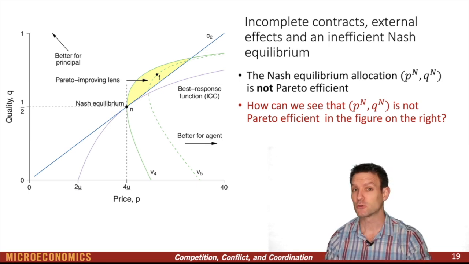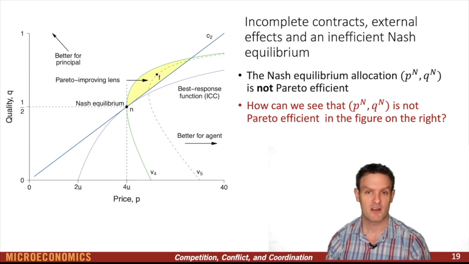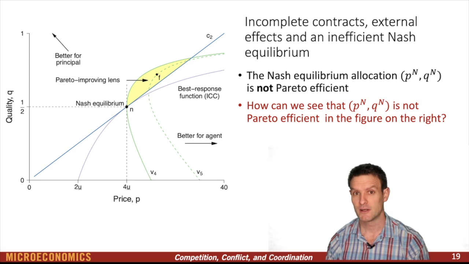Alternatively, if an alternative allocation is Pareto superior to the one that we're thinking about, then the one we're thinking about is not Pareto efficient. Therefore, the question becomes, is there an allocation that is Pareto superior to the Nash equilibrium? So try to find something like that for yourself in the figure, and then I'll explain what we mean.